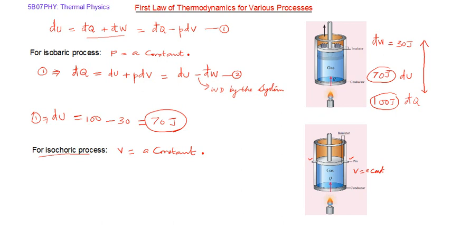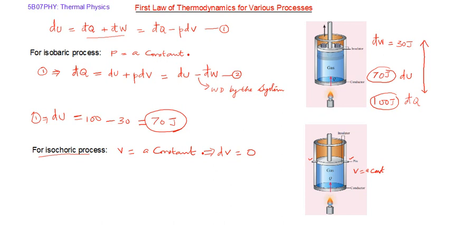So for that, let's again go to the first law of thermodynamics, equation number 1. Since V is equal to a constant, it automatically gives the result that the change in volume dV will be equal to 0. And we should be happy because equation number 1 has the PdV term, and where dV equals 0, this PdV term will be equal to 0.